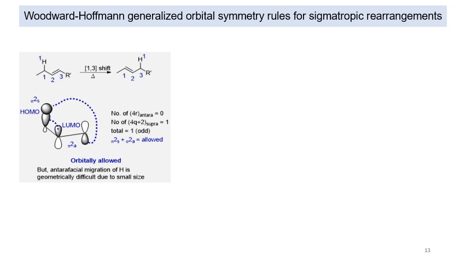So let us see how many 4r antara components do we have? We have 0 components. How many 4q plus 2 supra components do we have? We have 1 component, which is this one where q is 0. Therefore, the total is odd. Therefore, this is thermally allowed. So the antarafacial shift is orbitally allowed for the H.